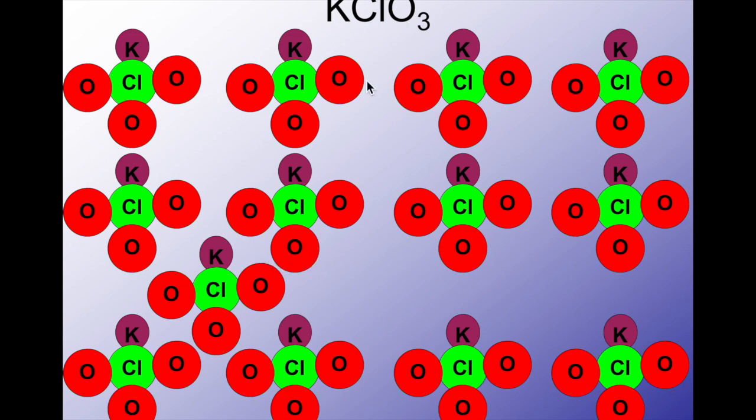I'm going to have 13 chlorines. And since each potassium chlorate has 3 oxygens, and I have 13 of those, that's 39 total oxygens. Or if I put that into baker's dozen, that's 3 baker's dozen. So I have 1 baker's dozen of potassium, 1 baker's dozen of chlorine, and 3 baker's dozen of oxygen. So when I'm dealing with a group, my proportions still remain as 1 to 1 to 3.